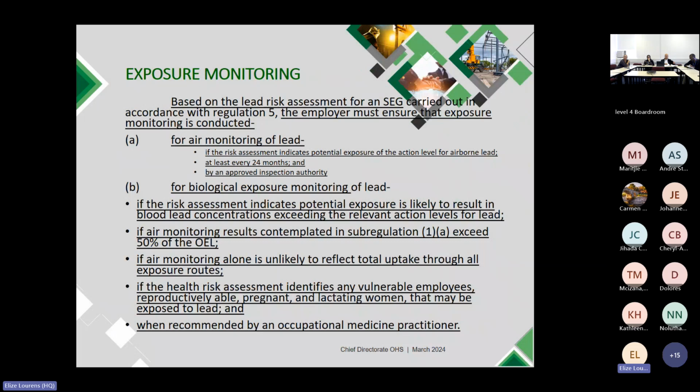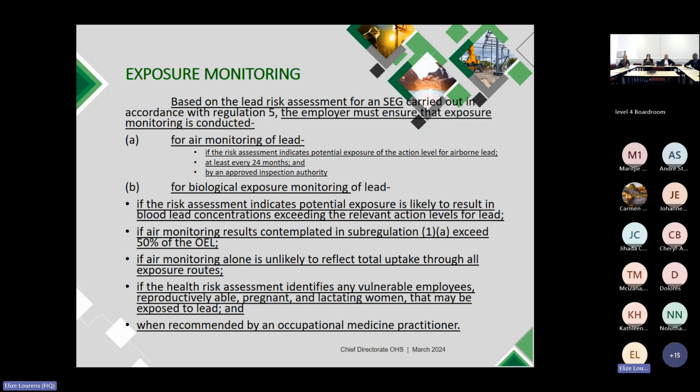So based on the risk assessment, as I said, everything results from that risk assessment. Based on the risk assessment for the SEC, the employer must ensure that exposure monitoring is conducted. You see there's an A and a B. A deals with air monitoring, B deals with biological exposure monitoring.